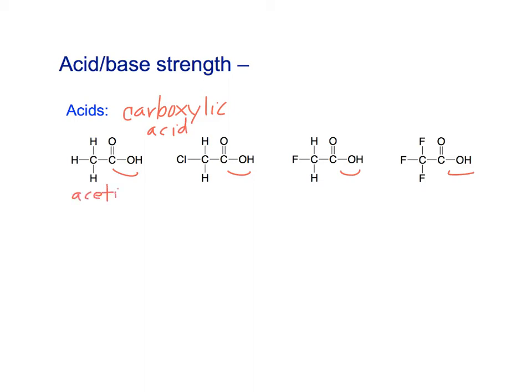We just saw it on the last slide. And the rest differ from acetic acid in the presence of a halogen. So a hydrogen of acetic acid is being replaced, in this case with chlorine, in this case with fluorine, and over here we've replaced all of the hydrogens in acetic acid with fluorines.